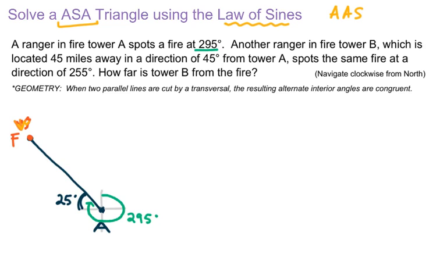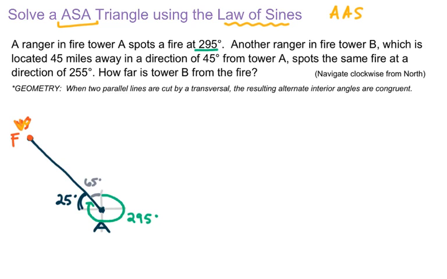Also, we might think, what is this other angle in here? Actually, it's not smaller, it's larger. But what would that angle measure be between north and this ray I've drawn from A to F? That would be 65 degrees, because I know that 25 and 65 are complementary angles. They're going to add up to equal 90.